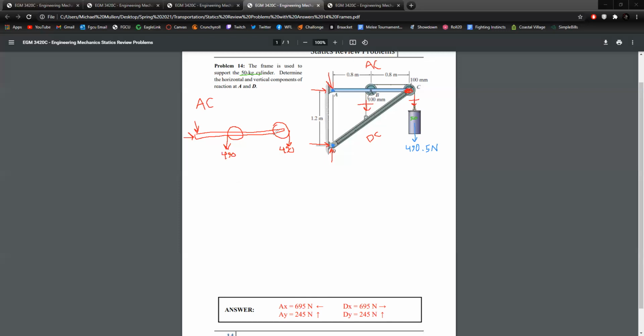We're also going to have a CY and a CX. So it's AY, AX, CY, CX.